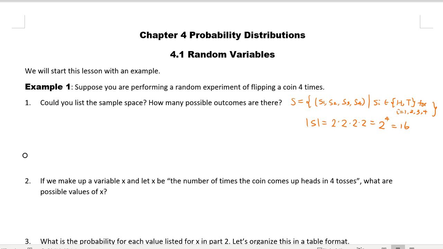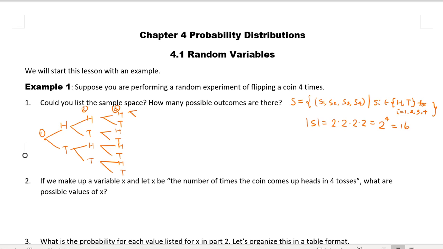And then if we want to list all the outcomes in the sample space, it's better to draw a tree diagram. So let's say the first flip, it could be head or tail, right? And then the second flip, it could be head or tail, head or tail. And then the third flip, head or tail, each time.